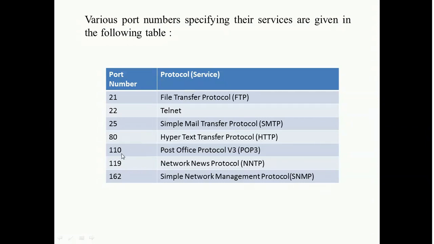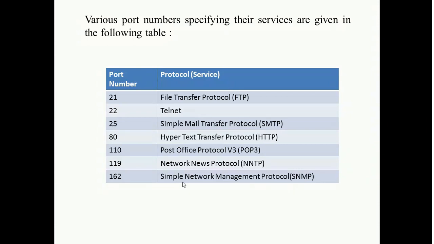Port number 110 is reserved for the Post Office Protocol V3, that is POP3. Port number 119 is reserved for the Network News Transfer Protocol, that is NNTP. And port number 162 is for the Simple Network Management Protocol, that is SNMP.